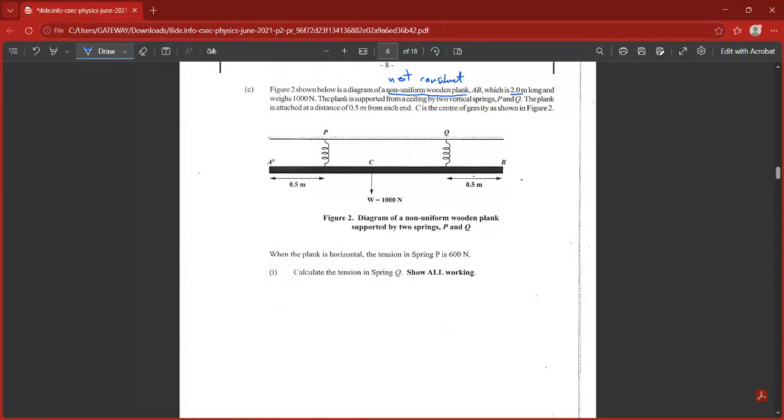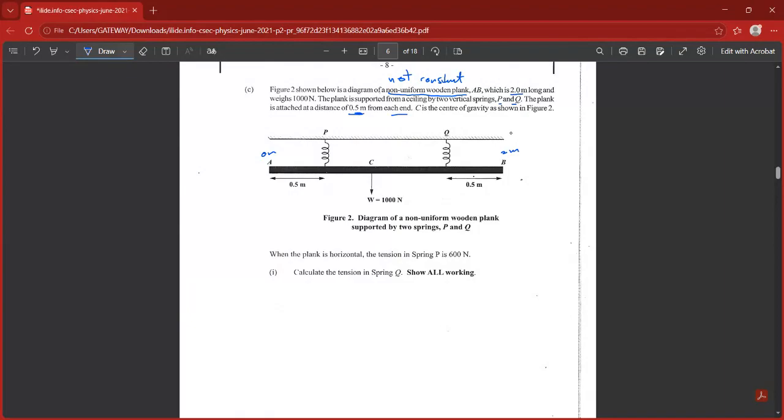If you start from A, let's say here is 0 meters, then B will be 2 meters, and it weighs 1000 newtons. So you have the weight here of the plank, which is 1000 newtons, right? The plank is supported from a ceiling by two vertical springs, P and Q. The plank is attached at a distance of 0.5 meters from each end.